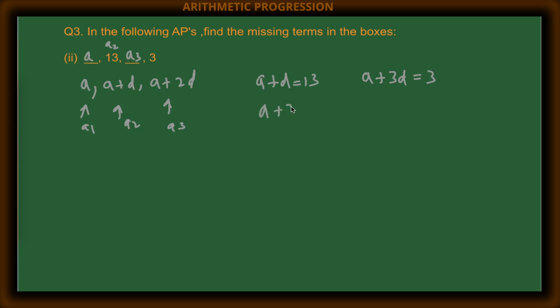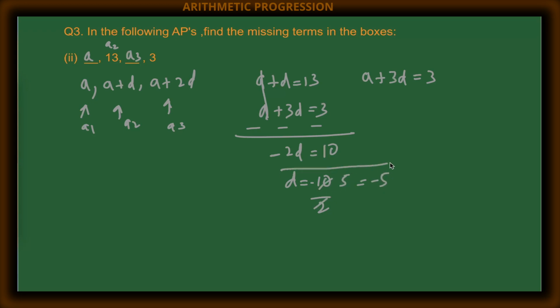A plus 3D is equal to 3. Subtracting, the A gets cancelled, minus sign, 2D is equal to minus 10, D is equal to 10 by 2. This minus comes here, which is equal to minus 5.